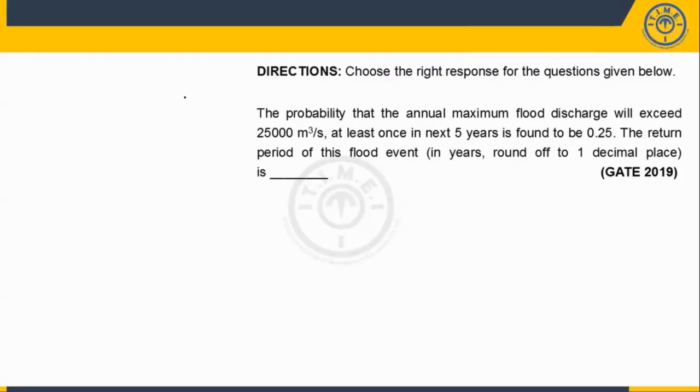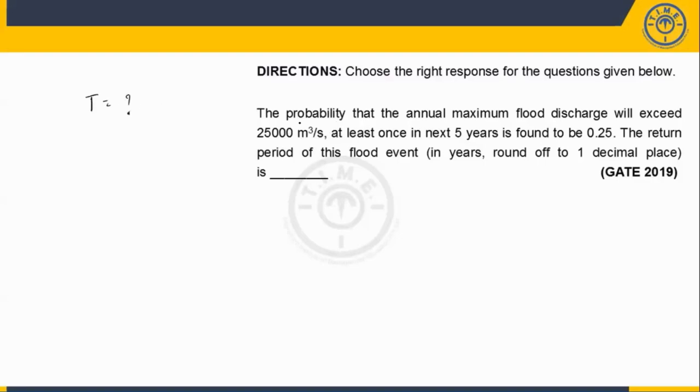What happened? Where do you have the doubt? Sir, the return period, it is asked to calculate n or what? Return period is asked, right? Yes, sir, T. Okay.